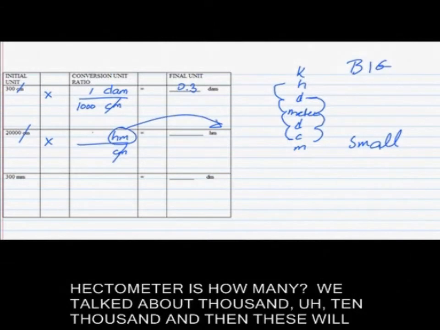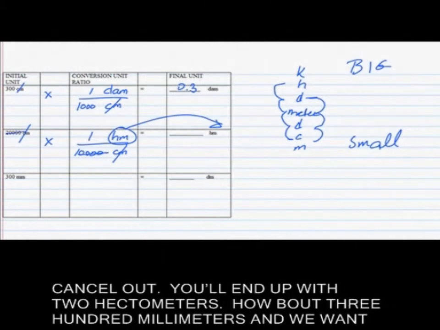All right, so 1 hectometer is how many? We talked about 10,000. And then these will cancel out. You'll end up with 2 hectometers.